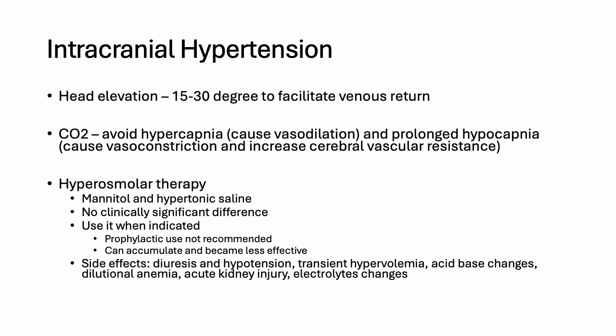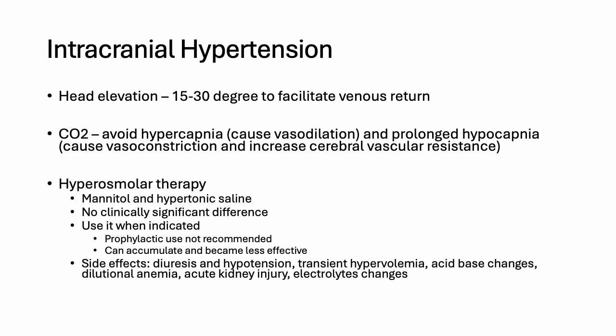CO2, obviously we want to avoid hypercapnia, high CO2, which can cause vasodilation, but we also want to avoid prolonged hypocapnia. I've found it a lot of times hard for people to understand why this is a problem. So if we think back on what we're trying to do, we're trying to maintain cerebral perfusion pressure to maintain cerebral perfusion flow.